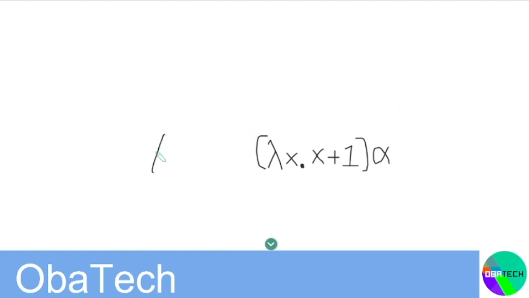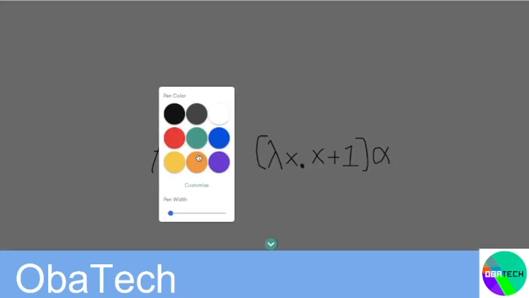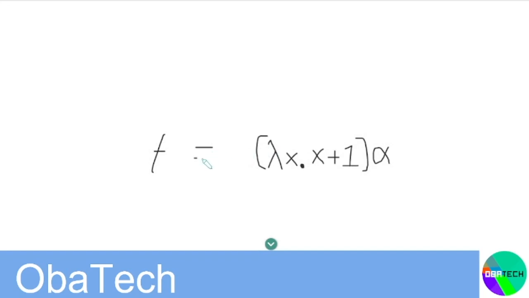Let's just call it f is equal to whatever this is. So we won't need these brackets and all that stuff. If I want to run the function now, I just have to write f alpha, or whatever the argument is.